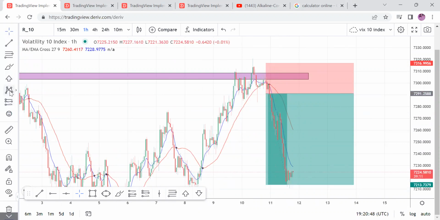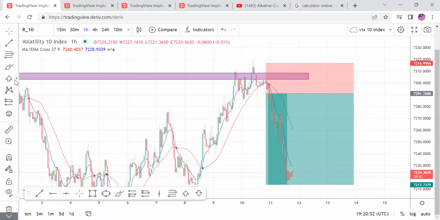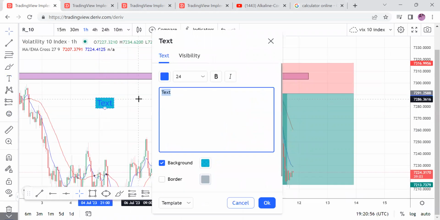let me just draw for text. So remember, lot size equal to risk amount divided by stop loss in pips.